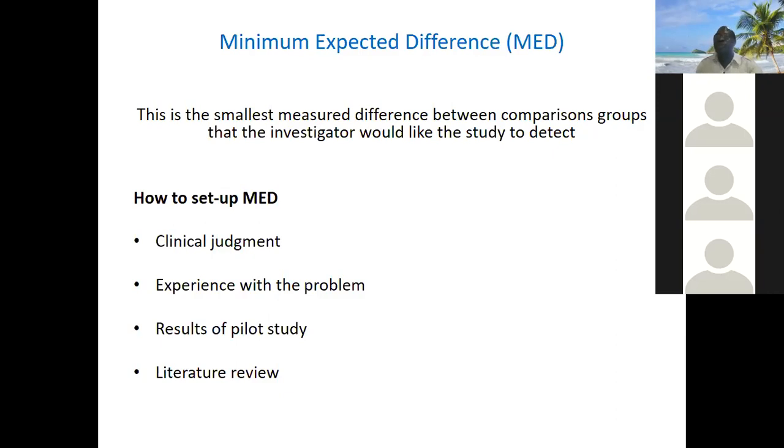Then literature review, and that is the commonest source, especially if much work has been done about the attribute, the variable you are studying. Sometimes you will be looking for literature in your ecological area, because some attributes vary across the globe based on your location.